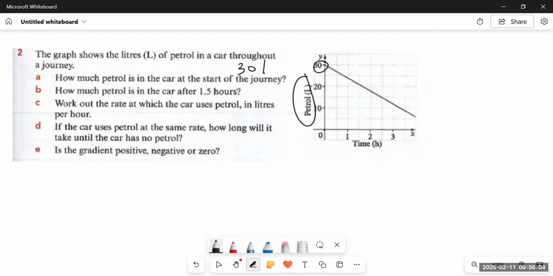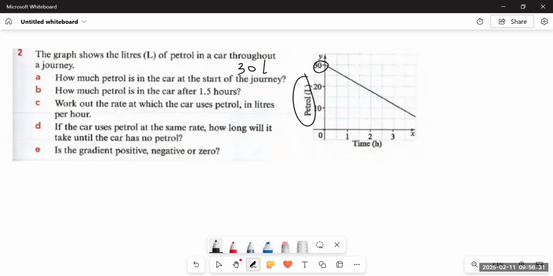Whatever reading is given on the y-axis at the origin would be the quantity of the petrol, right? And you can see time is 0 over here. How do we know that? Because at 0, if we look at the x-axis, it is 0 at 30 liters. It means that the car has not started its journey and there is 30 liters of petrol in the car.